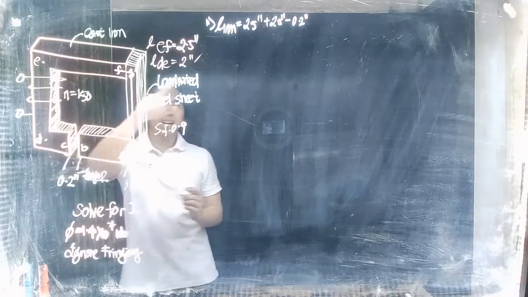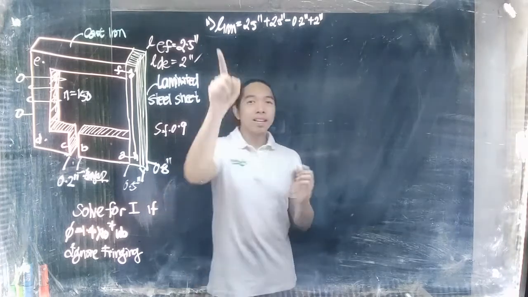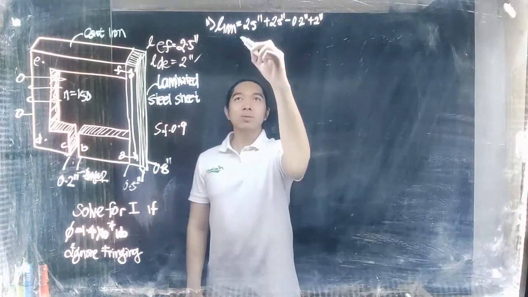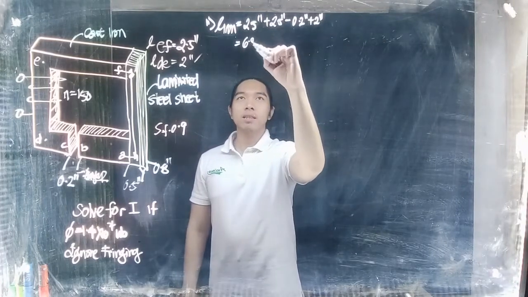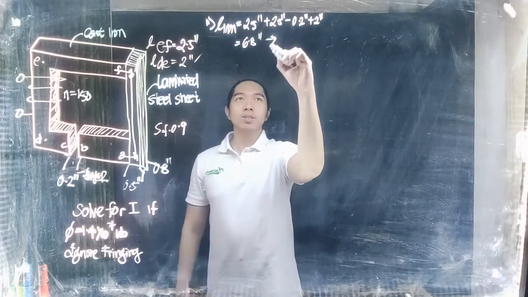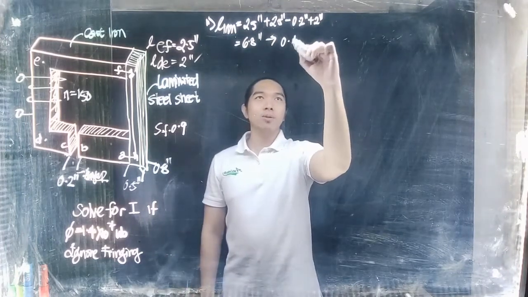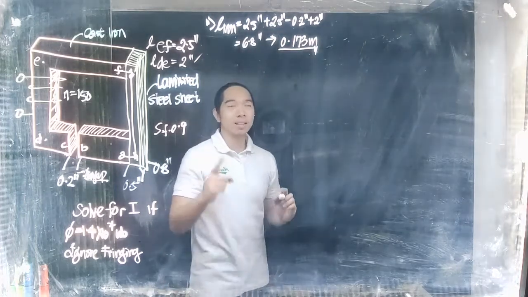Considering E to D, that is 52 inches. Adding everything, still in inches, that would be equal to 6.8 inches. Converting that to meters gives us 0.173 meters. So this is just the length of the iron.